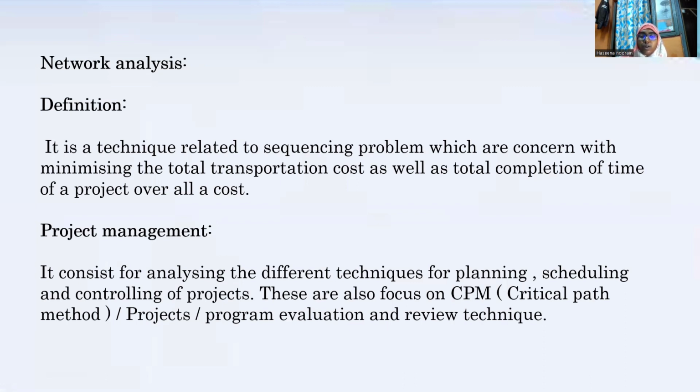The next one, how we do the scheduling and controlling, is nothing but evaluation of the project. And by using this project management technique, we can easily focus on our CPM, that is critical path method, or the project total time which is needed, or project evaluation and review technique. The main purpose is to understand how to minimize the total transportation cost and total completion time for a project and overall cost.